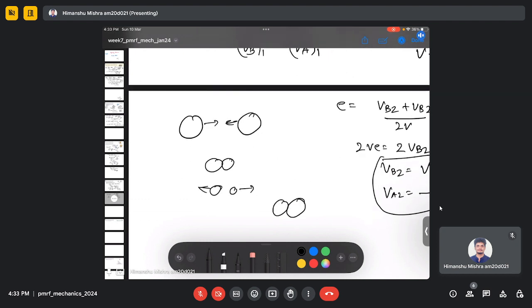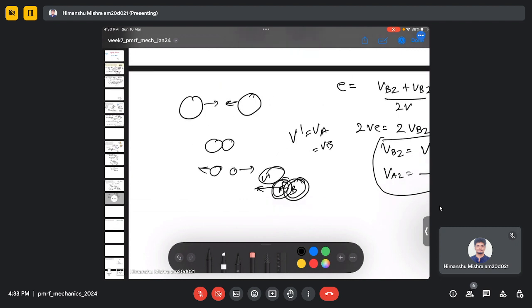They stick with each other and try to move with some common velocity v dash, where vA equals vB. So they have a combined velocity which is v dash, because there's a maximum deformation happening. They will get stuck to each other.